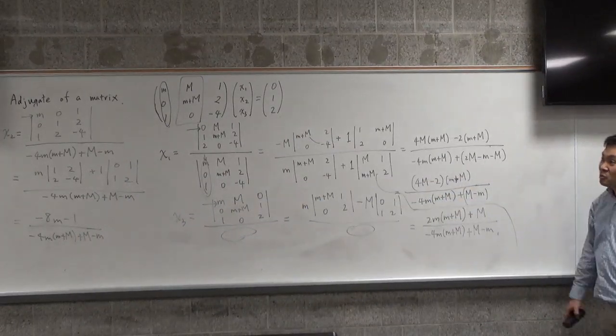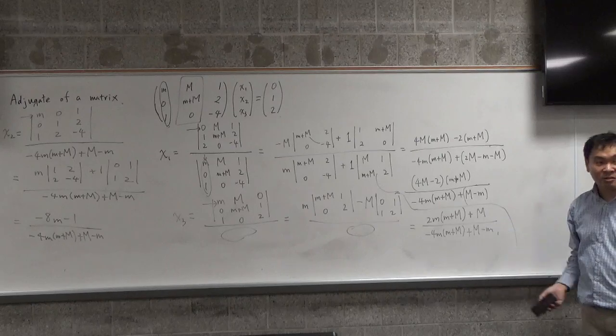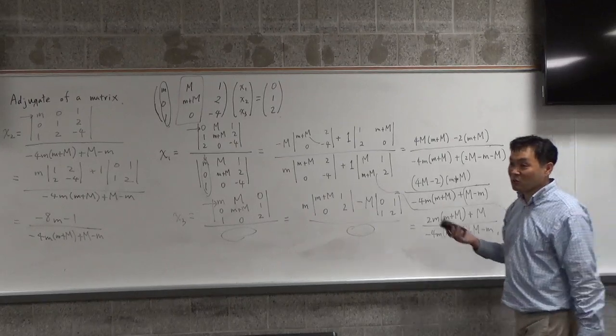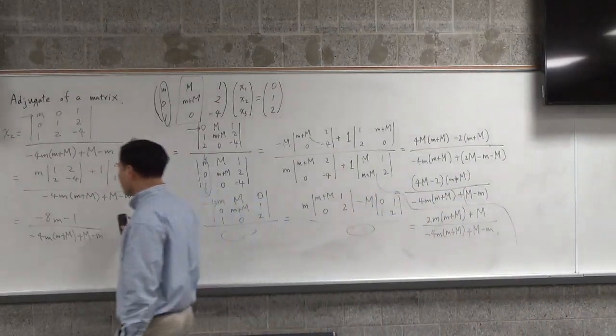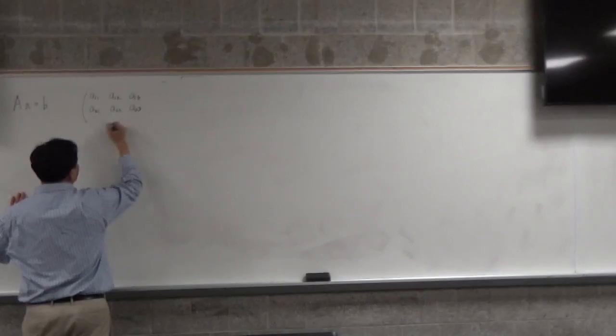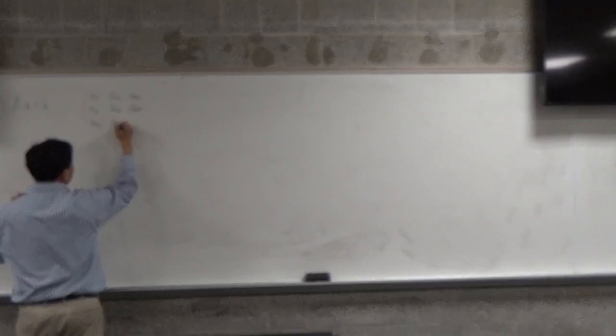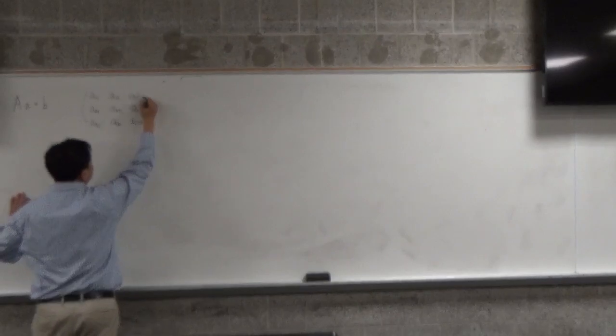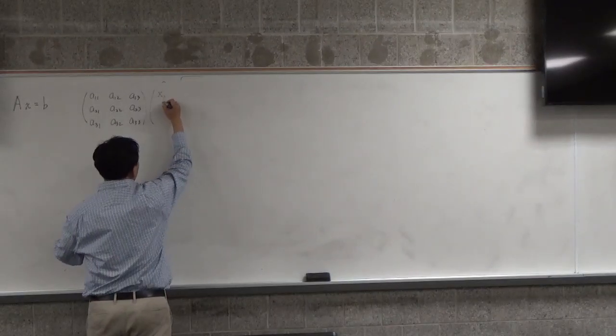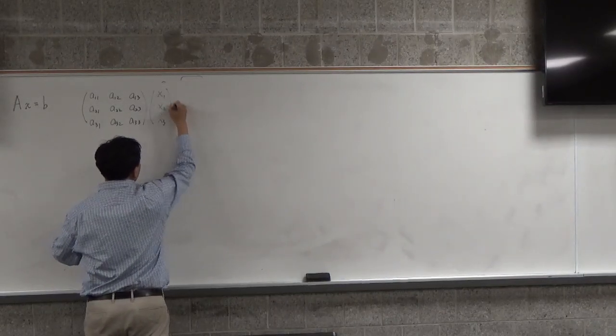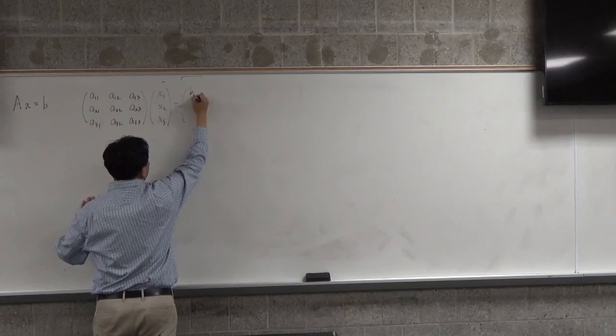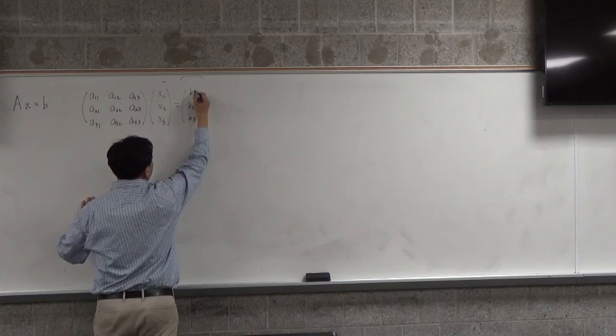Now, I purposely did a harder example here, but for exam purposes, I can put more zeros and the numbers will come out easier than what I have here, okay? So A22, A23, A31, A32, A33 times x1, x2, x3 is equal to B1, B2, B3.